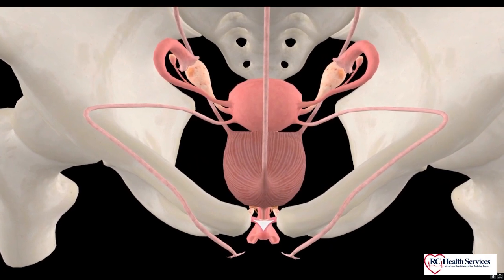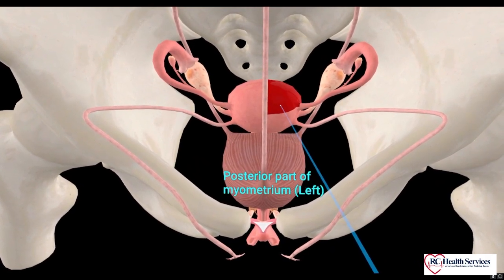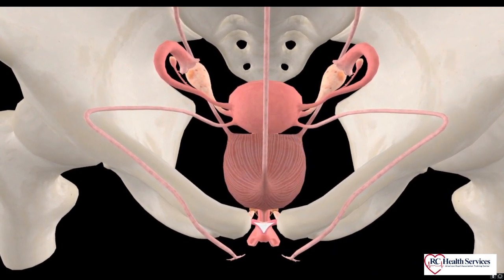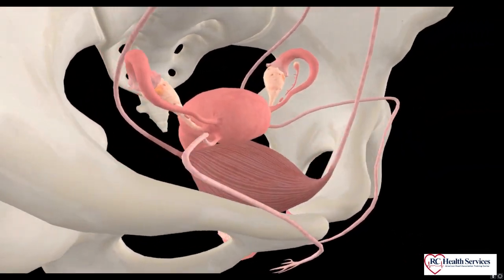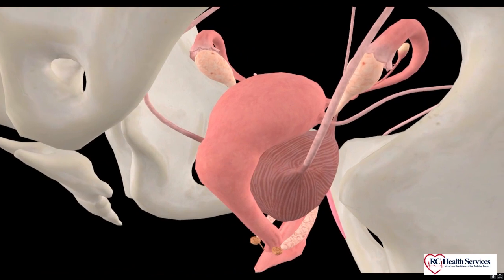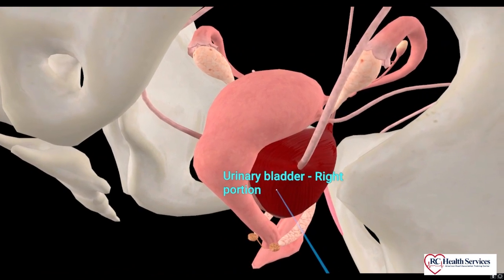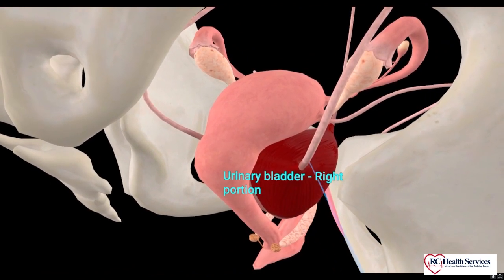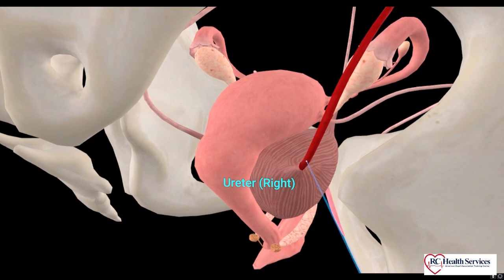Also, a lot of times UTIs are kind of asymptomatic in females. So sometimes females don't notice that they have anything going on. And that's why females are more likely to have kidney infections than males.